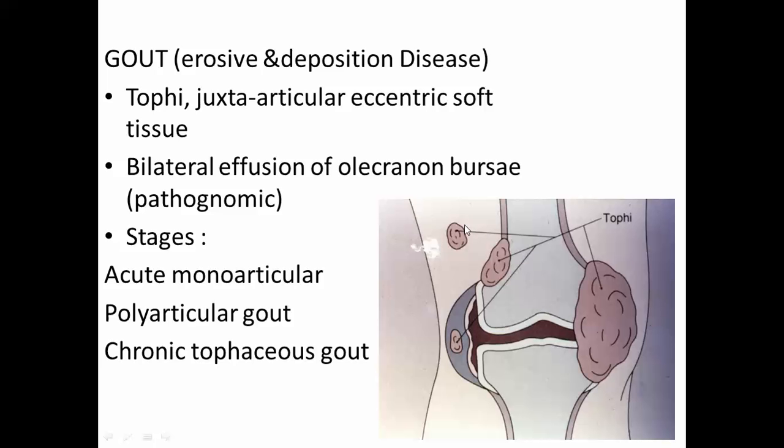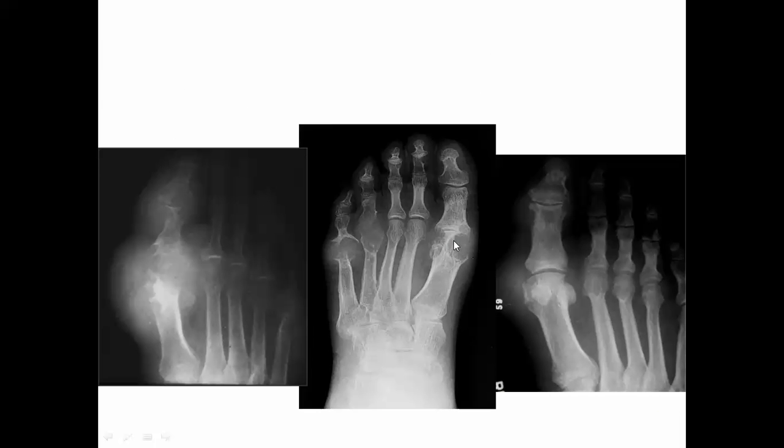So we have tophi, because it is a deposition disease. Gout is a deposition disease resulting in erosion. Deposition of these tophi will result in erosions. Could be juxta-articular, could be within the soft tissue.